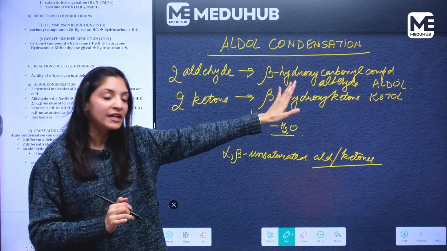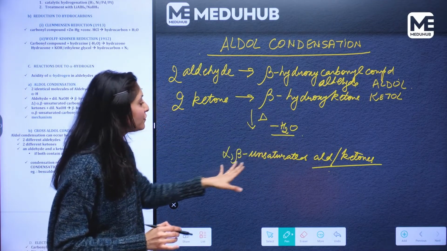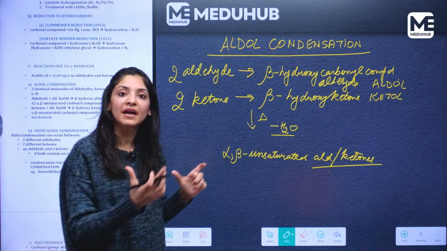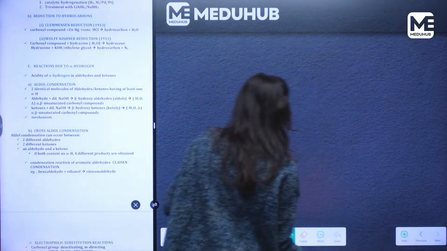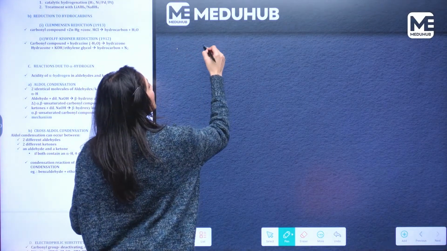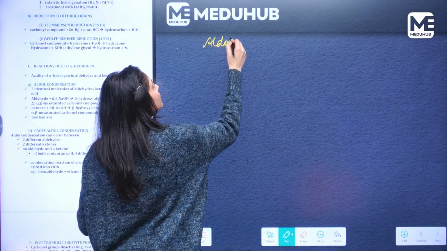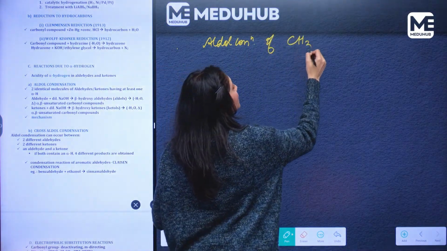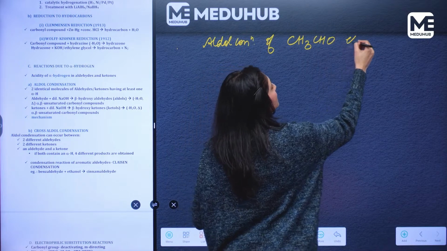This aldol upon heating can lose a water molecule and form the alpha beta unsaturated aldehyde. Now what is the mechanism of aldol condensation? We look at it using an example. So let us carry out the aldol condensation of ethanol.